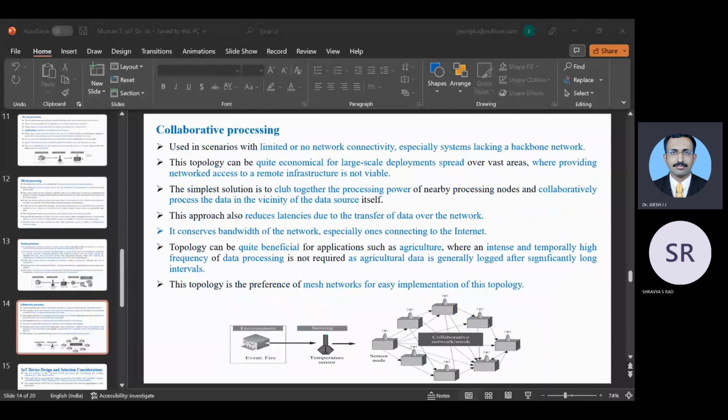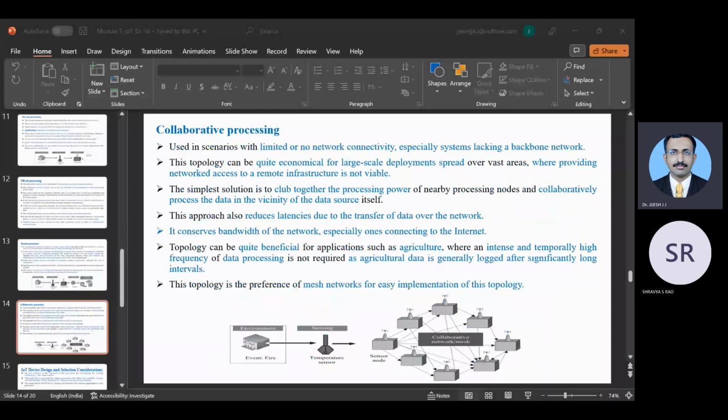That is, collaborative information sharing, where all the nodes are connected to each other in the form of a mesh, and each transfer of information takes place. It conserves the bandwidth of the network, and latency is also less. So that is all about these concepts.